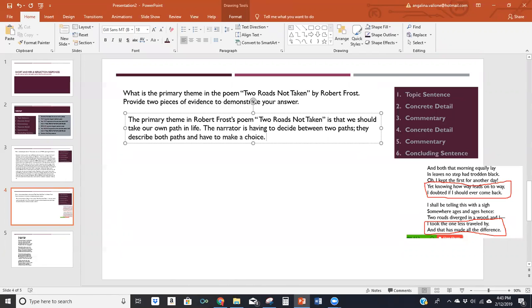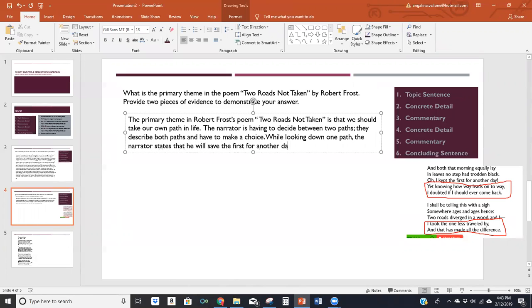They're integrated. So, you want to introduce your quote. I'm going to give my concrete detail now, while looking down one path. The narrator states that he will save the first for another day.